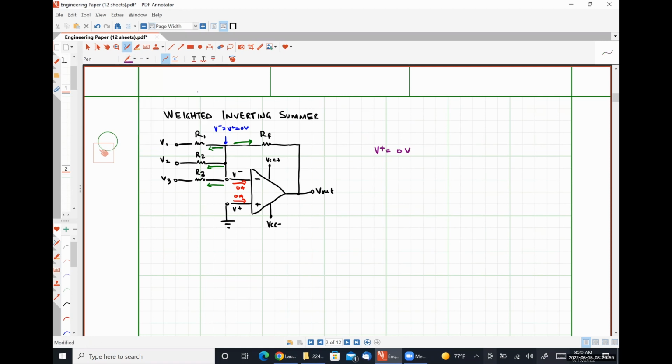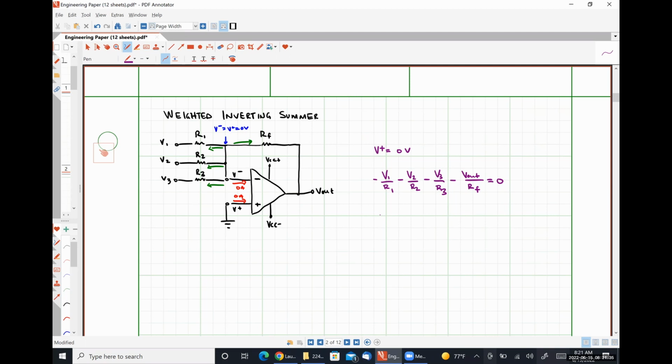Mathematically, that's going to be 0 minus V1, so negative V1 over R1, plus 0 minus V2, so minus V2 over R2, plus 0 minus V3, so minus V3 over R3, plus 0 minus V out, so minus V out over RF, is equal to 0.